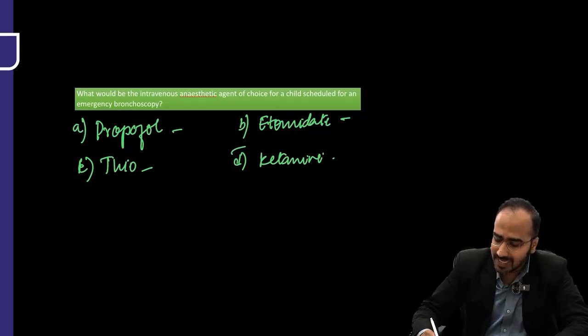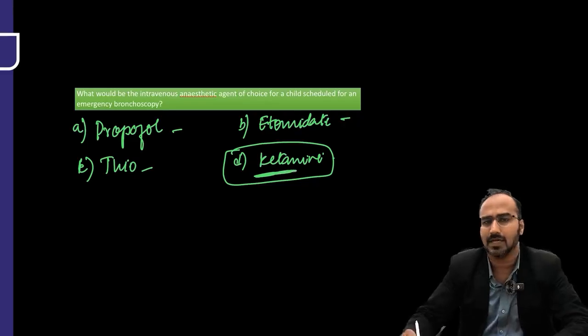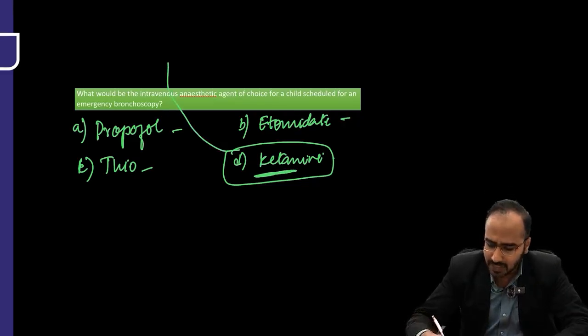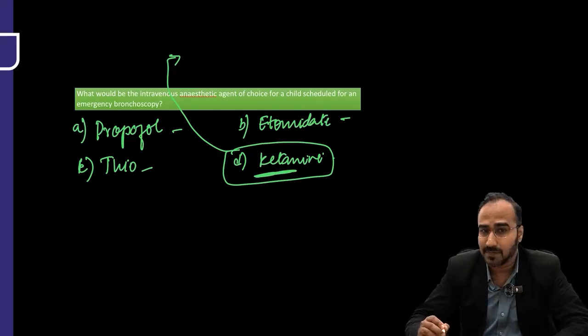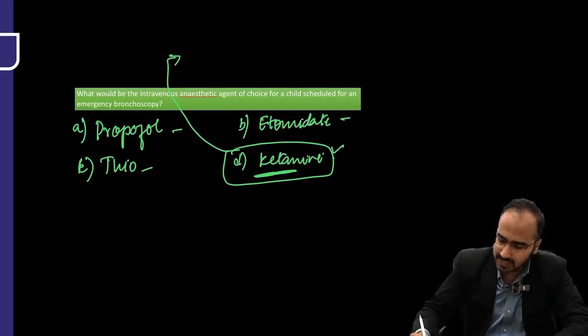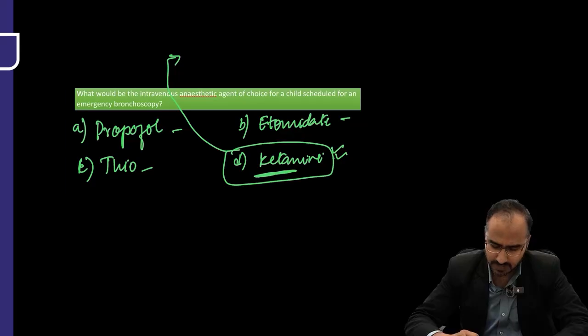The only IV induction agent that is not blunting the protective airway reflexes is ketamine. Whenever you give ketamine, the patient will be unconscious, but he will be aware of things. His respiration will be normal. He won't aspirate. So in this case, the answer is ketamine. For emergency procedures or any emergency surgeries, you can go for ketamine. It does not blunt the protective airway responses.